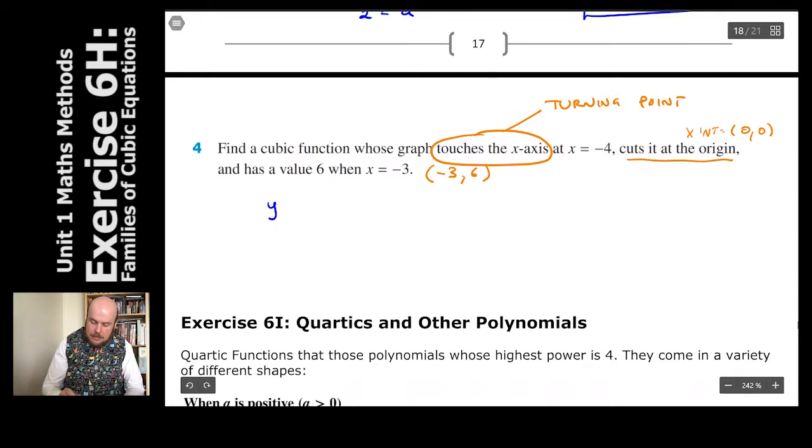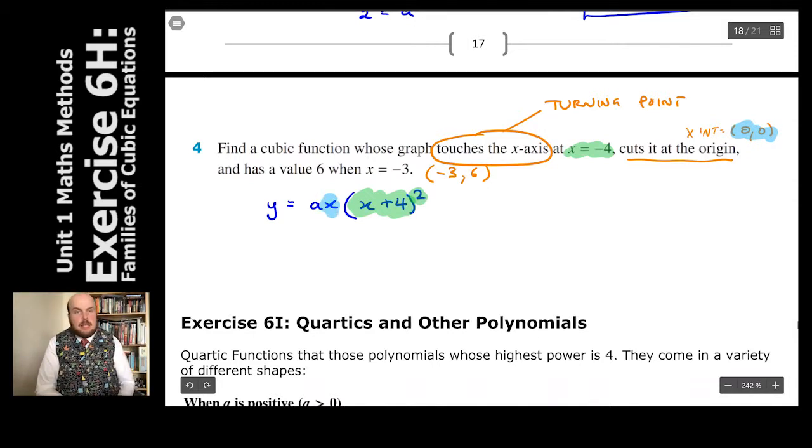So what that means is that so far my equation will look like this. Just so we're aware, that's this bit, and this is represented here. So there we go, we've got our template.